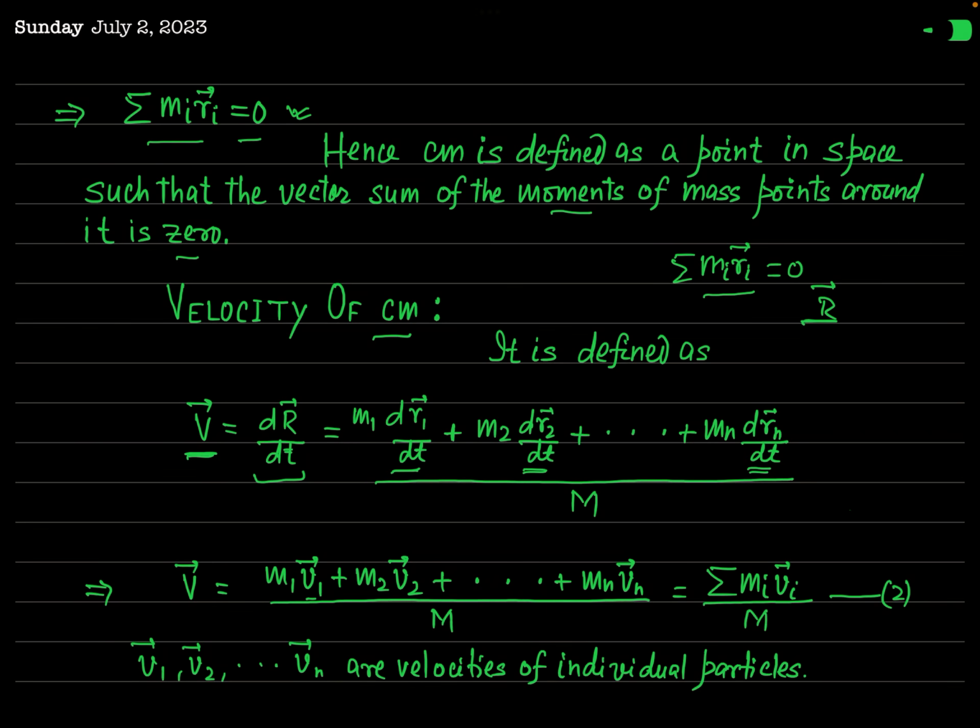So you can say that the velocity of the center of mass, which is capital V, will be equal to m1 v1 plus m2 v2 plus so on plus mn vn, divided by the total mass of the system, which has been denoted by capital M. Again you can write this expression as summation mi vi divided by capital M.